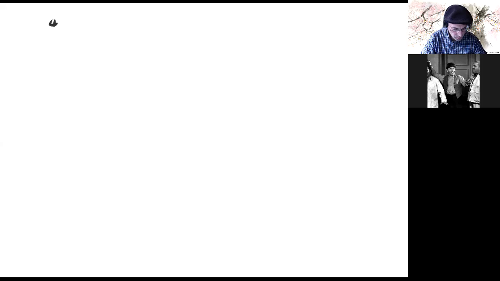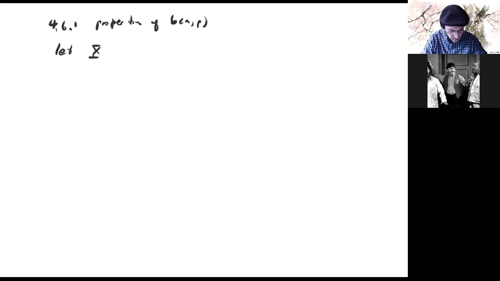Okay, so 4.6.1, properties of the binomial random variable. So let X be a random variable of type B(n, p).